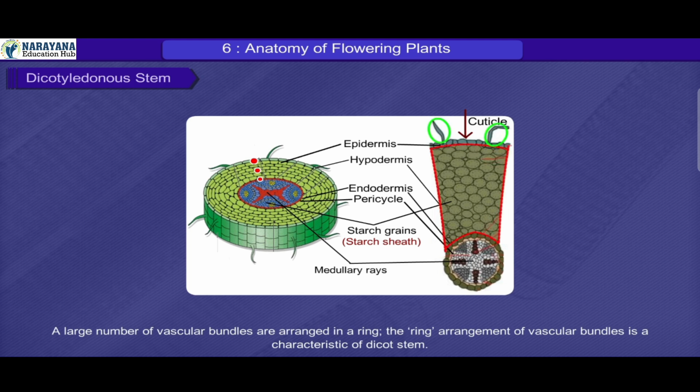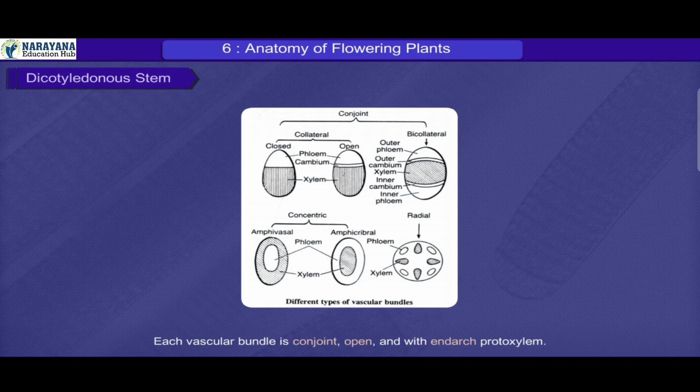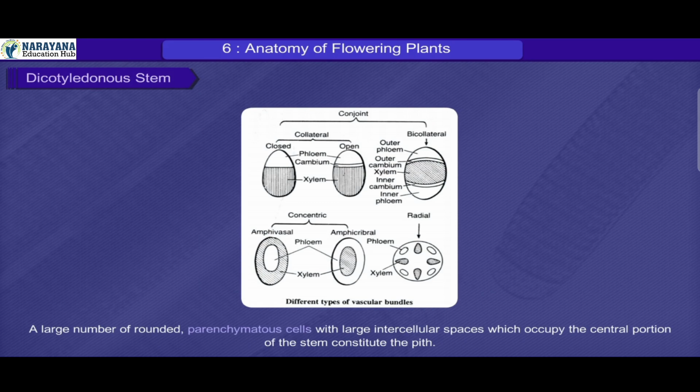The ring arrangement of vascular bundles is a characteristic of dicot stem. Each vascular bundle is conjoint, open, and with enlarged protoxylem. A large number of rounded parenchymatous cells with large intercellular spaces, which occupy the central portion of the stem, constitute the pith.